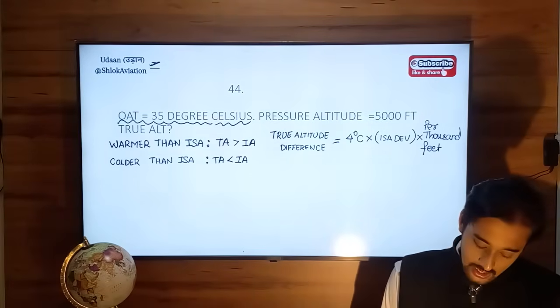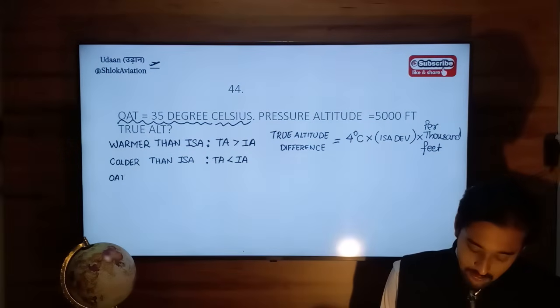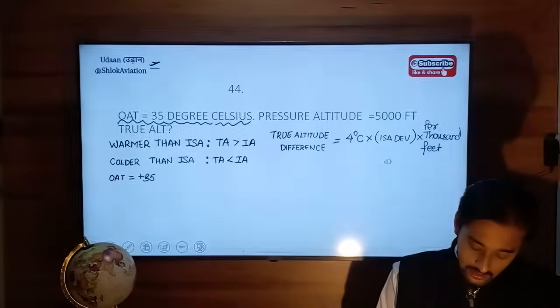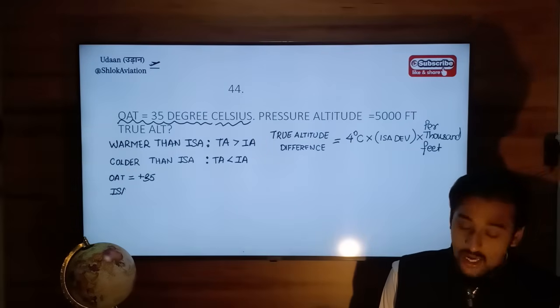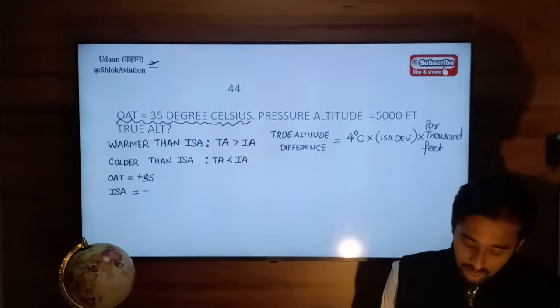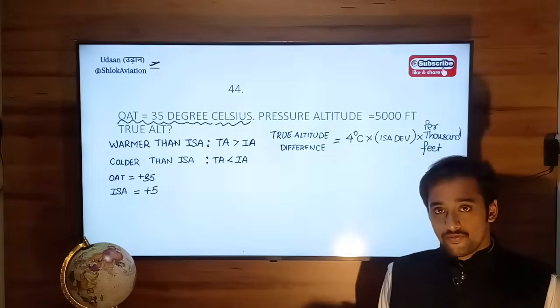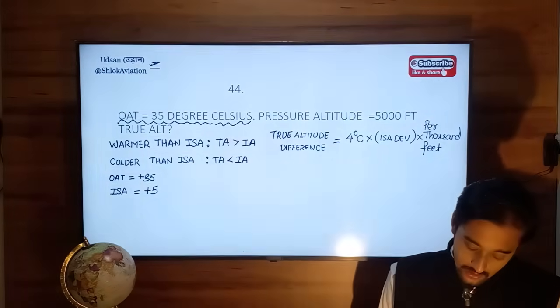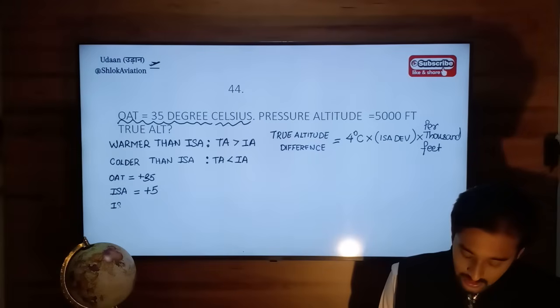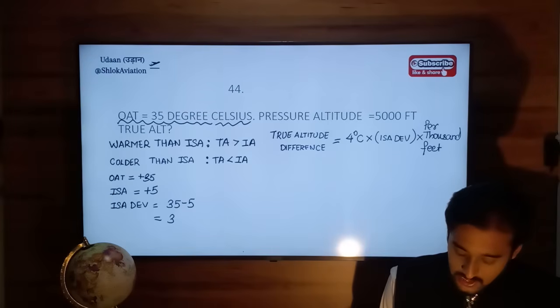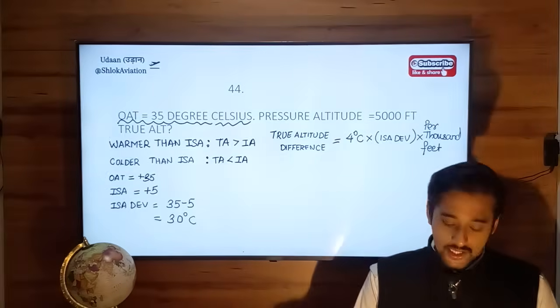So ISA deviation. Now outside air temperature is plus 35. ISA temperature at 5000 should be plus 5. Right? So what is ISA deviation? 35 minus 5, which is 30 degrees Celsius, plus 30 degrees Celsius.